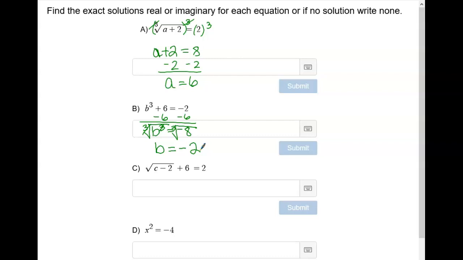For C, again, we want to isolate the radical first. And so we're going to subtract 6 from both sides. And we have the square root of C minus 2 is equal to negative 4. In this case, we don't have a solution because we can't square that negative.